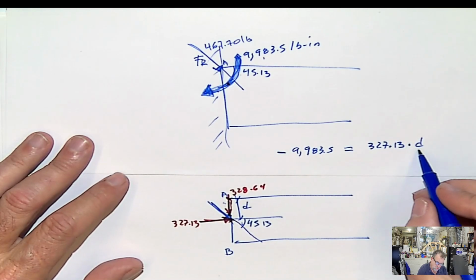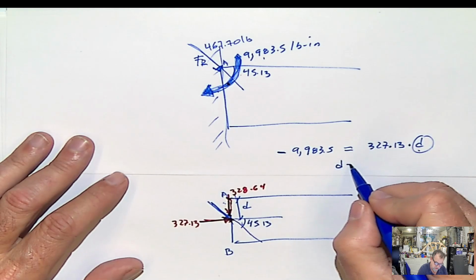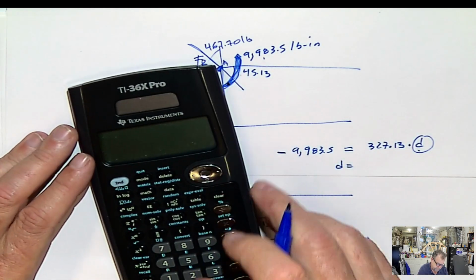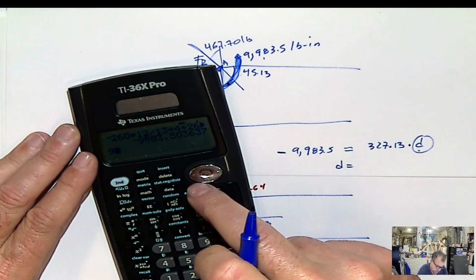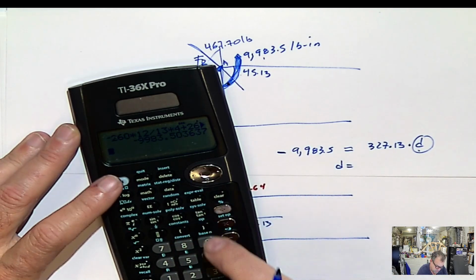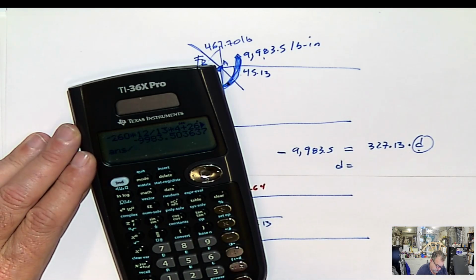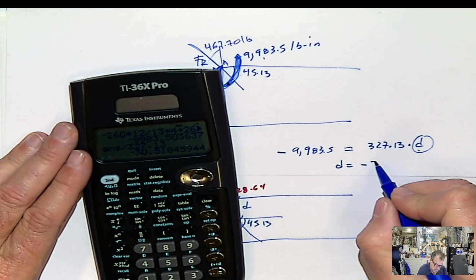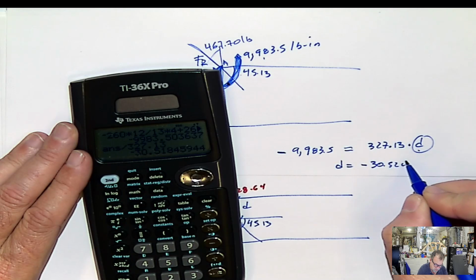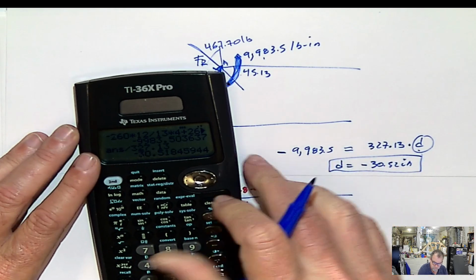And then you solve for the unknown, which is d, and that gives you that value divided by 327.13, and pay attention, negative 30.52 inches.